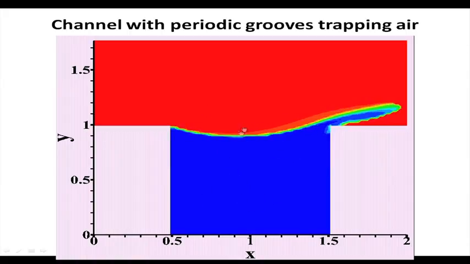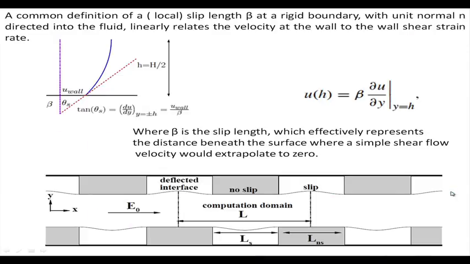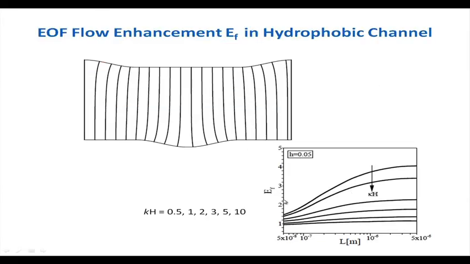This is an immiscible fluid, so between these two we have a free surface interface formation, and that generates a slipping effect. We have computed this, and I found quite a significant enhancement, particularly when the Debye length is high, because kappa h is low.